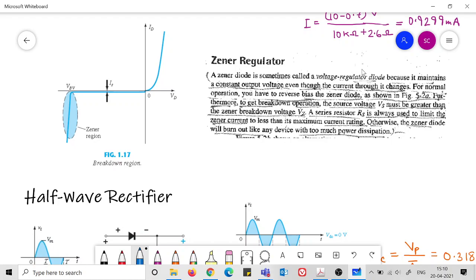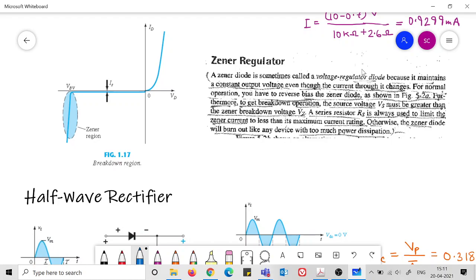As we increase the current in this region, the current is decided by the network, by the actual circuit, because there are resistances and everything in the circuit. So there is a certain value of the current through the diode, but the voltage across the diode will be kept at this particular level of the breakdown voltage.